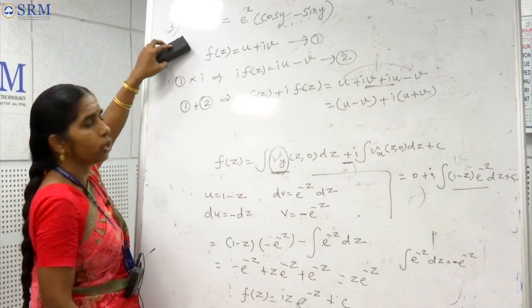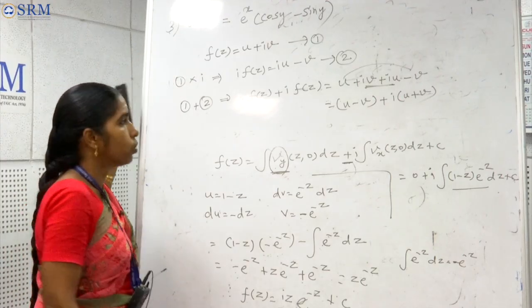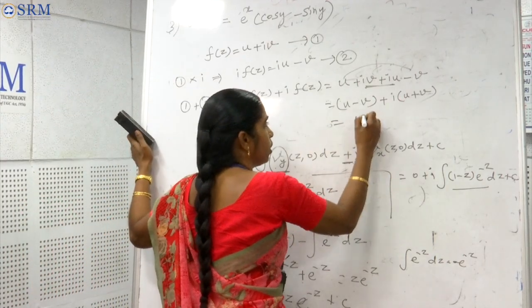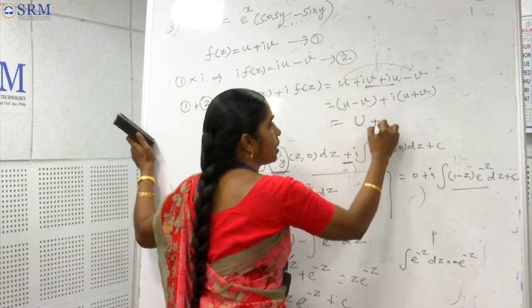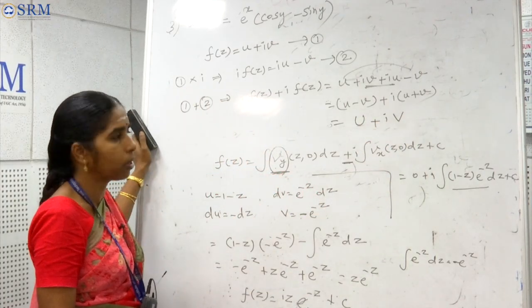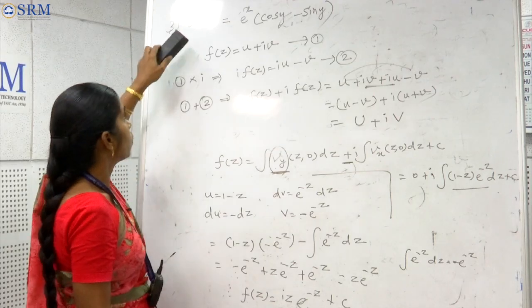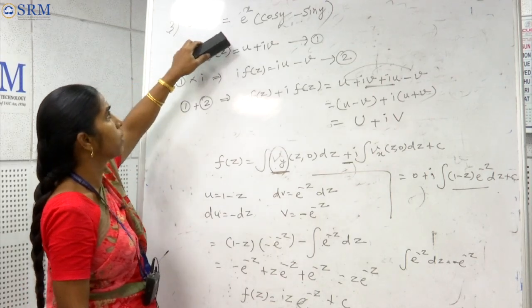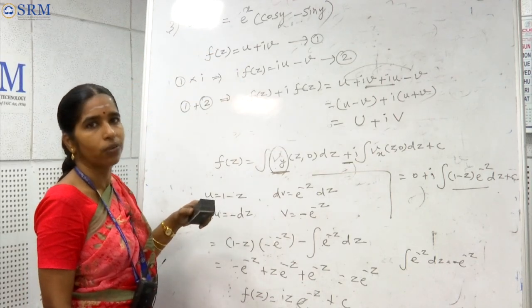So now you check in your question whether u minus v is given. In u plus iv, I use the notation capital U and capital V. In your question, u minus v is equal to e power x (cos y minus sin y).